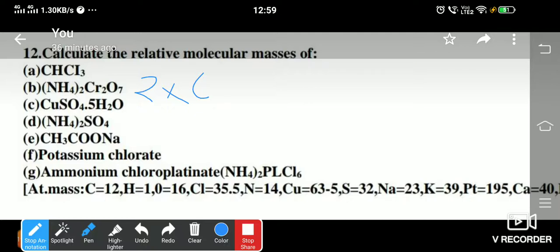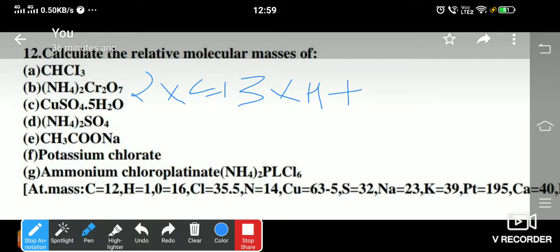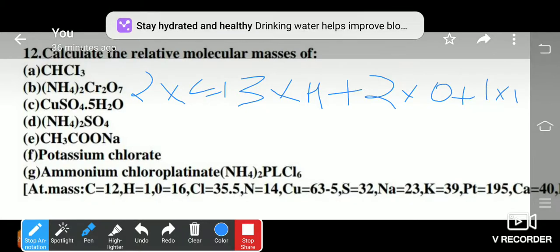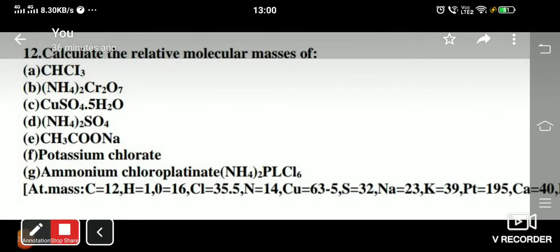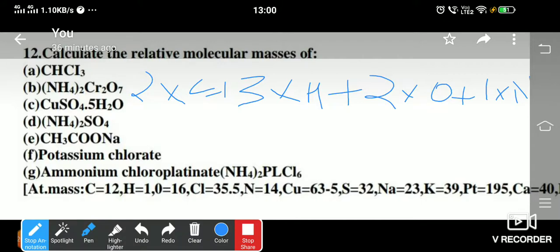Here we have 2 carbons, so 2 into C, 3 hydrogens, so 3 into H, plus 2 into O plus 1 into Na.